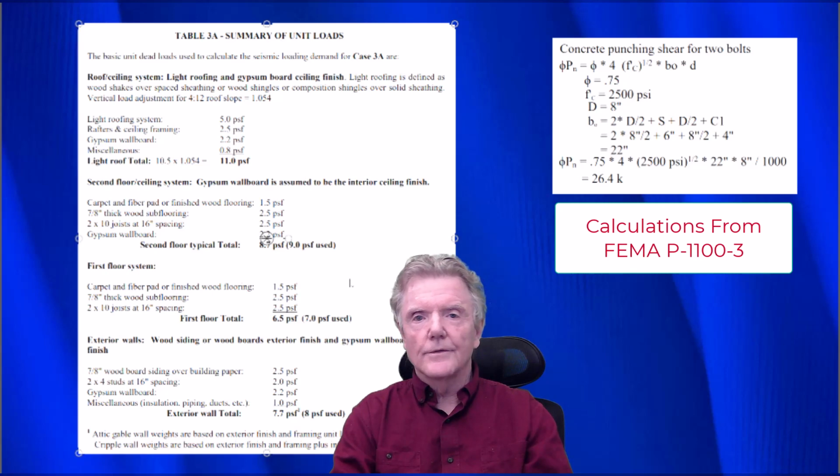There's no nails, there's no stucco, there's no nothing. They just look at the weight of the house. And so what happens with that is you end up over retrofitting everything. Everything is overbuilt, over retrofitted. And when we do that simply from engineering calculations, we make it so overbuilt that nobody can afford it. And that's what happened with FEMA P-1100.